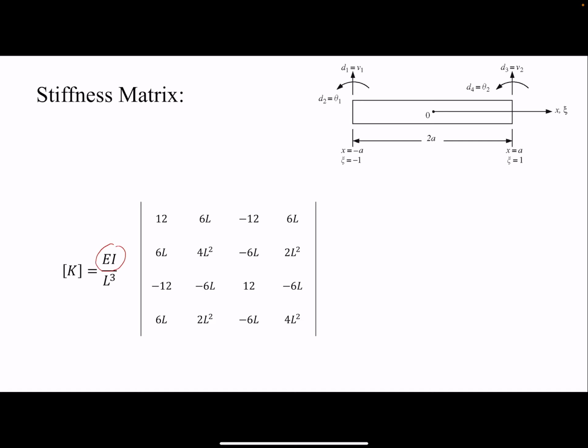It's EI over L, which is the length of our element. You can see it's a 4x4 matrix because we have 4 degrees of freedom for a 2 node beam element. There are 2 nodes, and at each node there are 2 nodal variables, deflection and slope, so I'm going to have 4 degrees of freedom. To write the beam stiffness matrix, all I need is the length and the mechanical property E, and I, the cross-sectional property of my element.